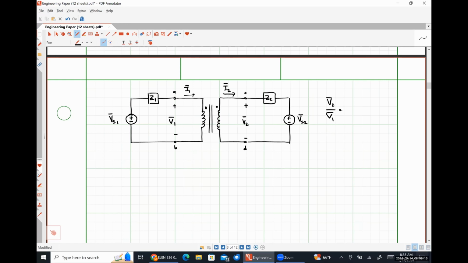A or negative A? Yep, positive. And I2 over I1 should be 1 over positive A. This is just reminding us of the relationships that we're going to wind up using.